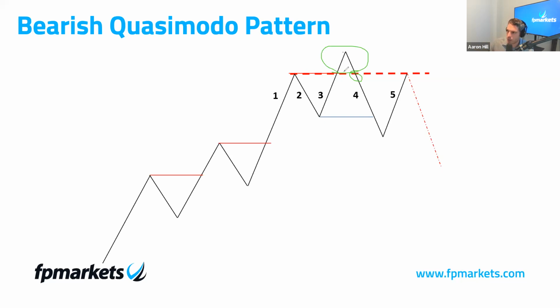Counter trend sellers also have their stops filled, so it's an area of pain. Hence why I really refer to this as a fake out pattern, although I do also call it a Quasimodo formation, just to aid understanding for everyone listening. But at this point, it's an area of pain, right?